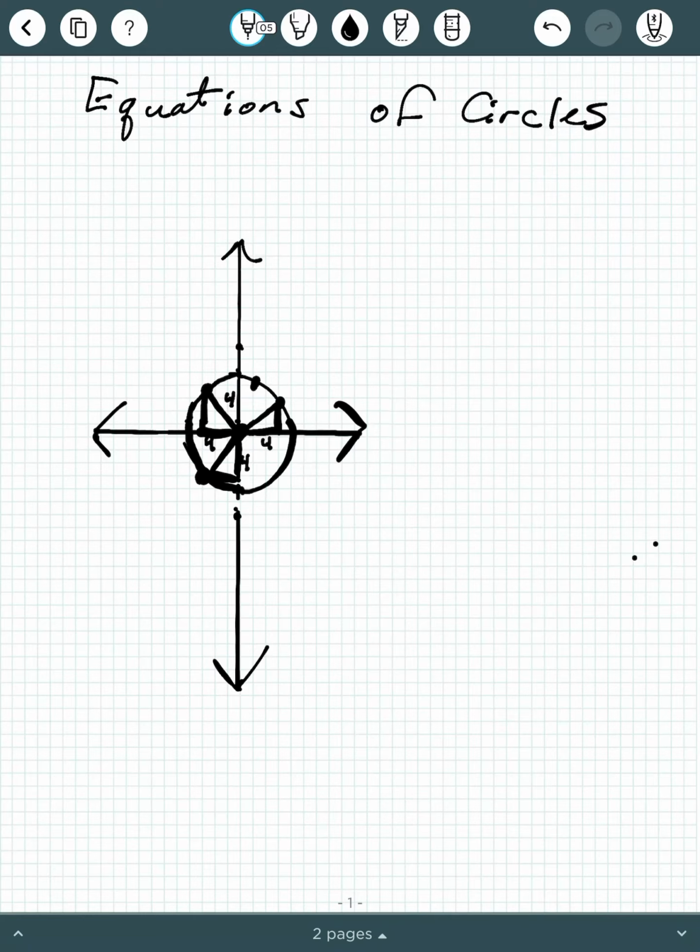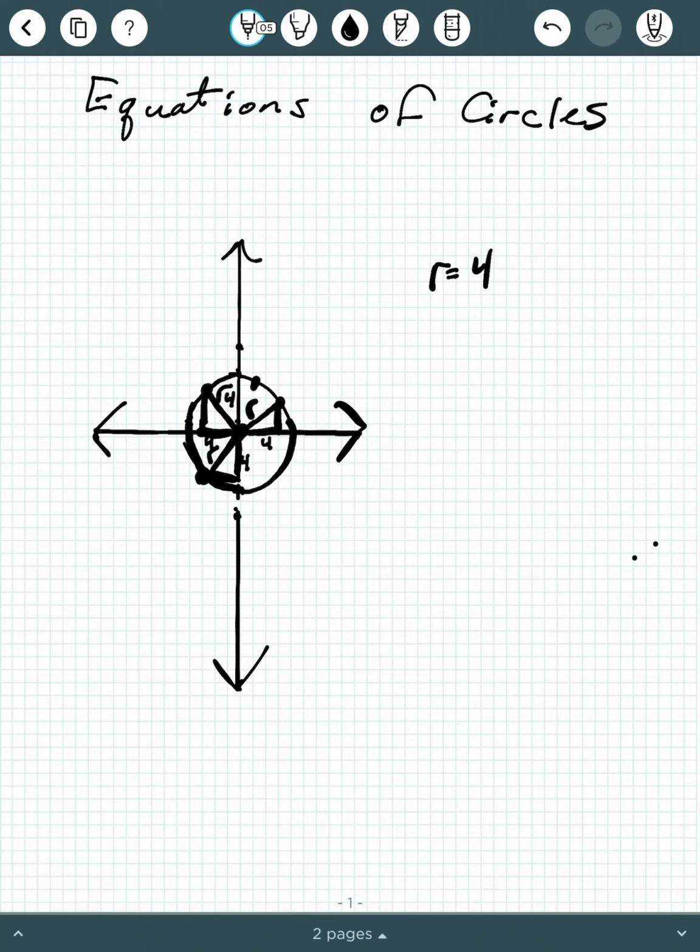So the one thing we know, every radius or radii in this circle is going to be equal to 4. So every time we drew that radius, it actually had a measurement of 4. The things changing were the dimensions of the legs of the right triangle. So the hypotenuse was always 4, but the legs changed a little bit.